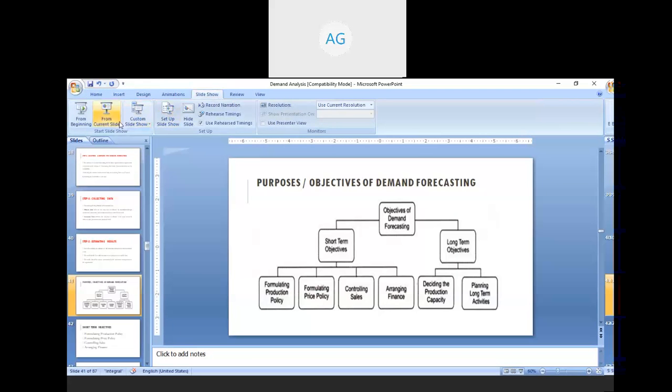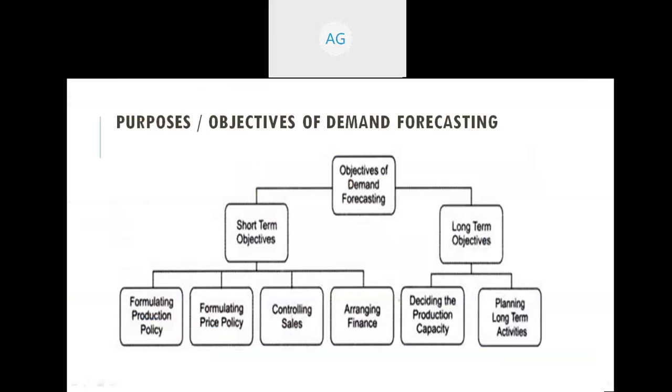Just a minute. Now the purpose and objectives of demand forecasting.